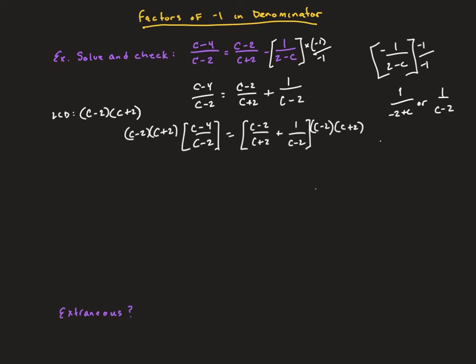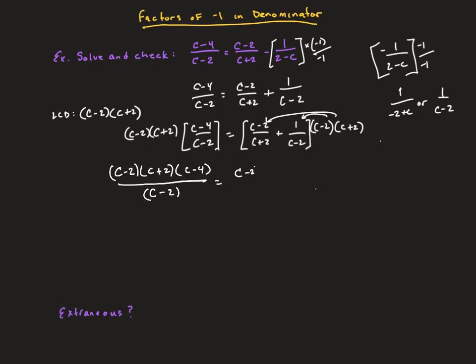And what I want to do is multiply both sides by the least common denominator. So as I look at the left, multiplying this across, it is going to be c minus 2 times c plus 2 times c minus 4, all of that over c minus 2. Then, again using the distributive property, I'm going to multiply that by both terms.